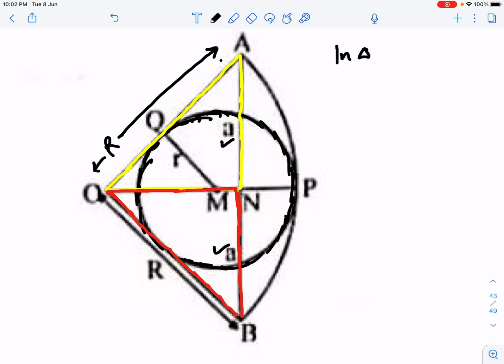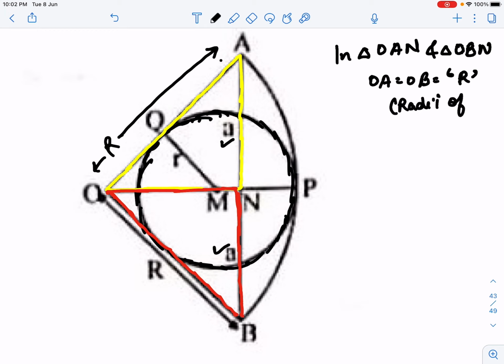So in triangle OAN and triangle OBN, what can be written by me? OA is equal to OB is equal to capital R, radii of the same sector. Now what else should be written by us?